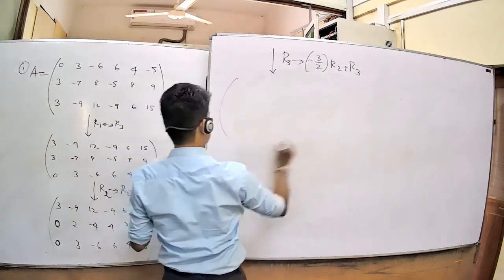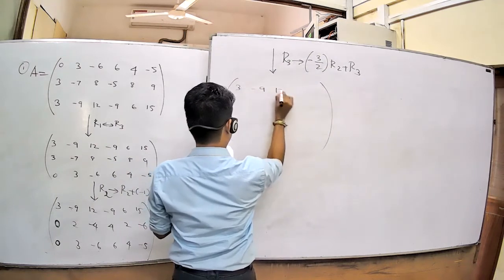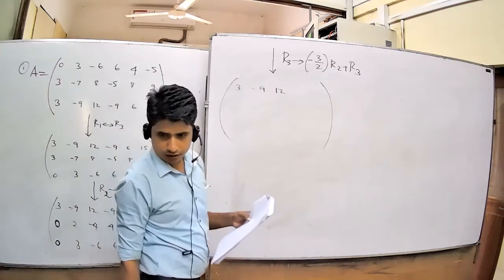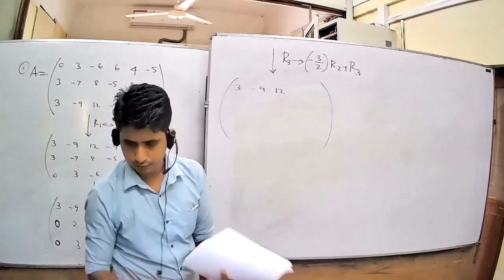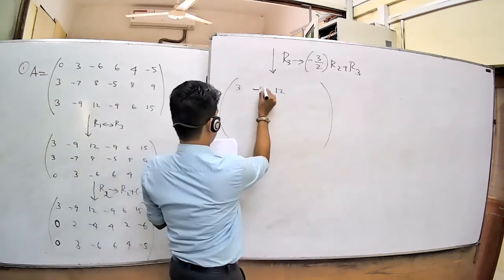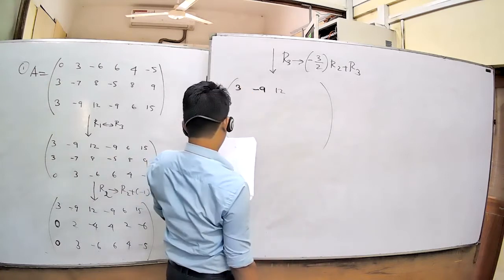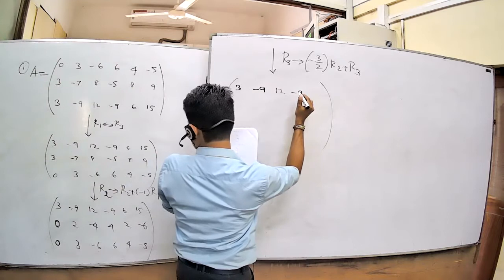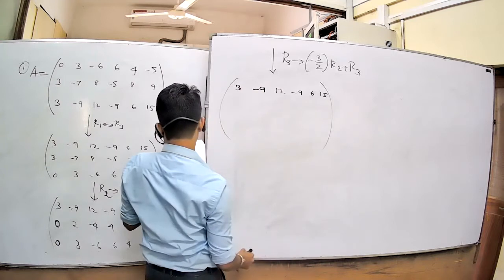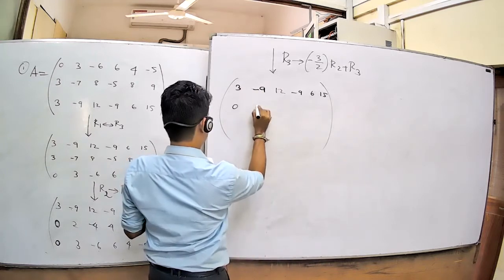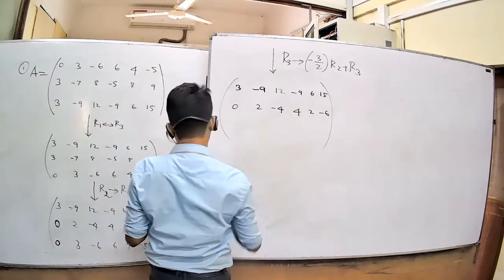Then you get 3, -9, 12, -9, 6, 15; 0, 2, -4, 4, 2, -6; and here 0.